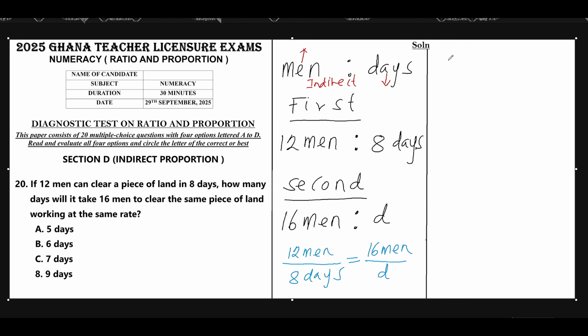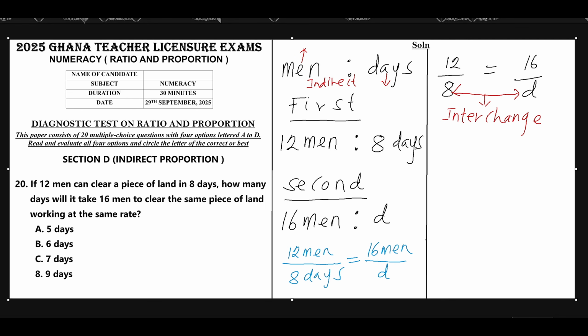So we have 12 on 8 being equal to 16 on d. So we need to interchange one of the quantities. So I prefer interchanging the number of days. So I'm interchanging this. Interchange.